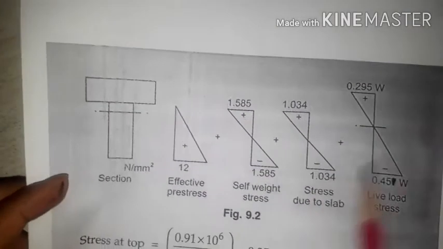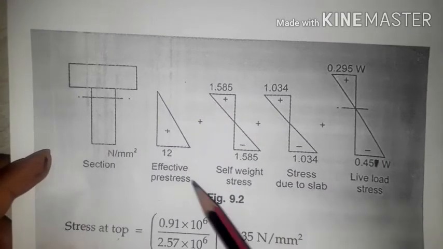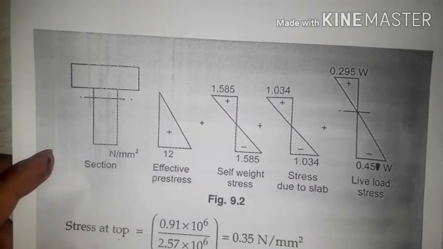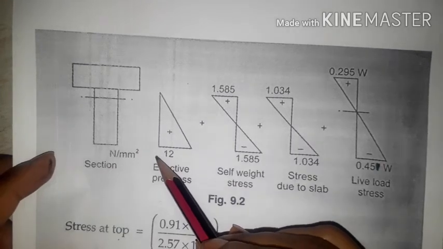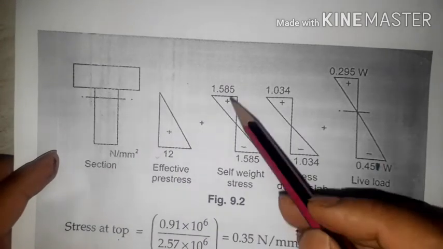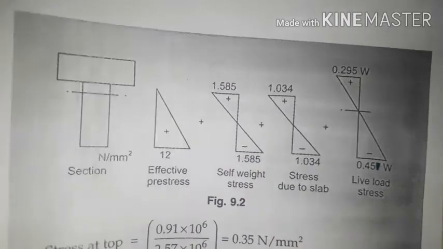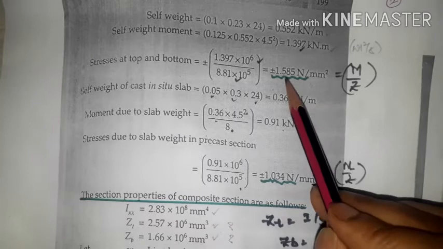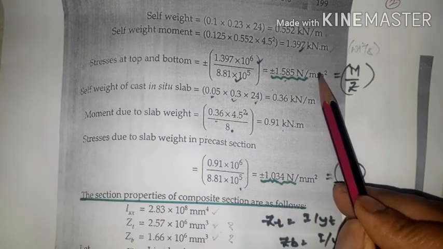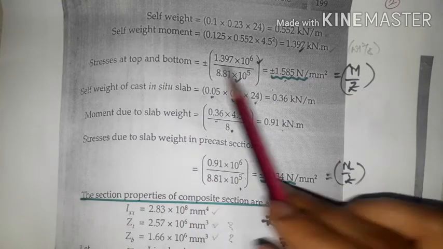So yes, you have to add all these things. It is given in the problem that the stress due to pre-stress is 12 Newton per mm square, and these two we have calculated, that is, I'll show you. Here we have calculated 1.585 Newton per mm square, that is the stress at top and bottom.